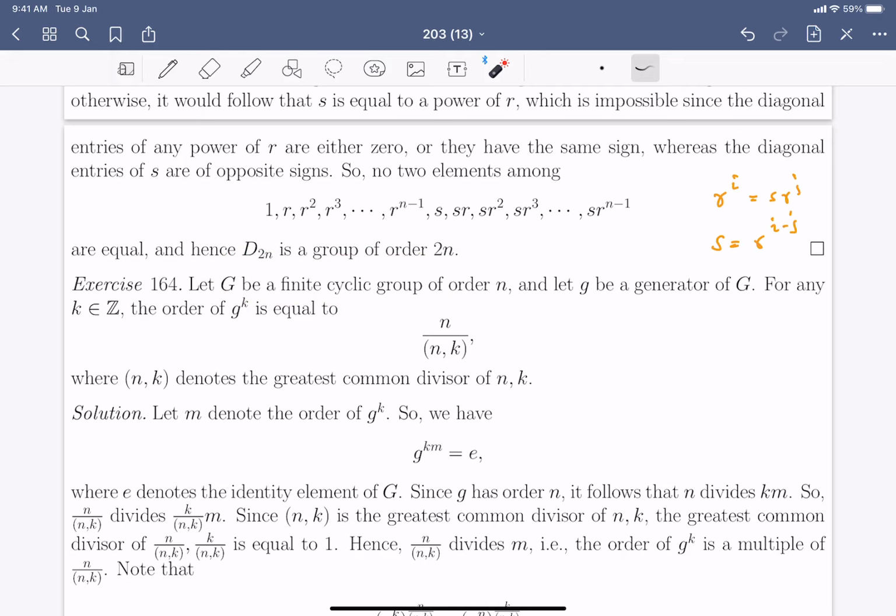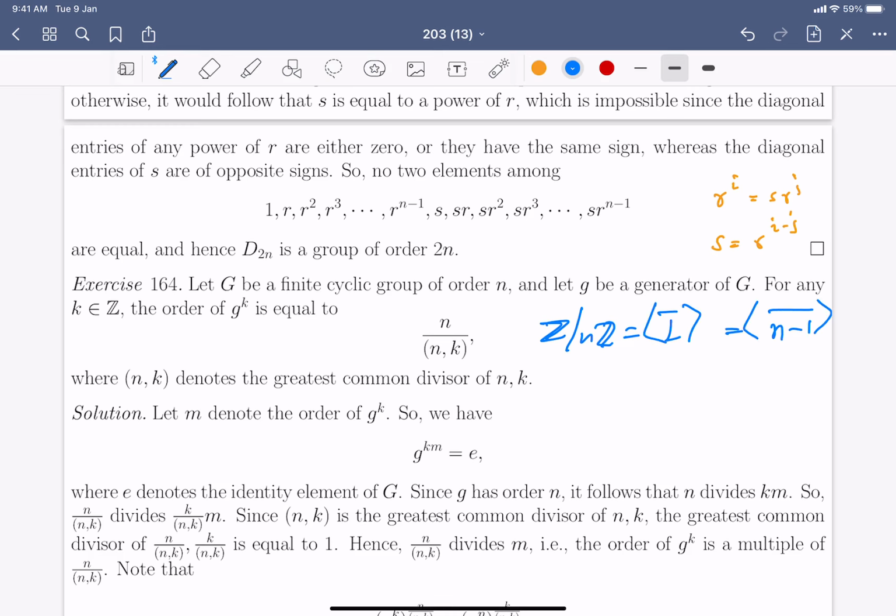A finite cyclic group may have more than one generator. For example, Z mod nZ can be generated by several elements. It can be generated by 1 bar. It can be generated by even n minus 1 bar.